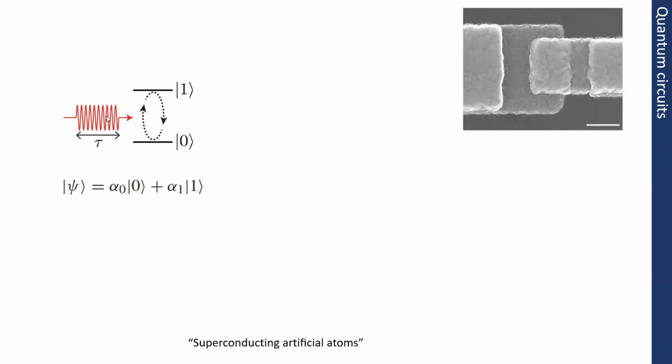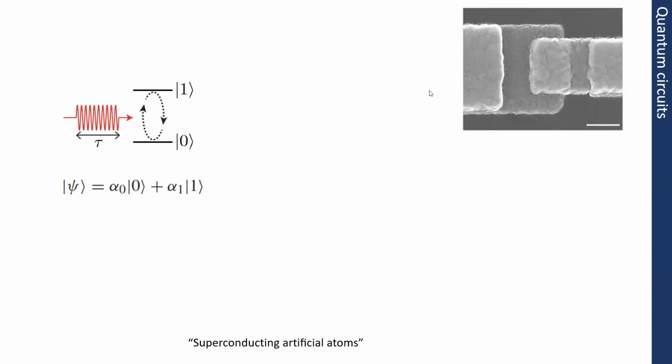And such a pulse is a Hadamard gate. So the difference between the Hadamard gate and the X gate, as well as other single qubit gates, in microwave superconducting qubits, is just the matter of duration of the pulse. We control the pulse duration, we control the quantum state of a qubit.